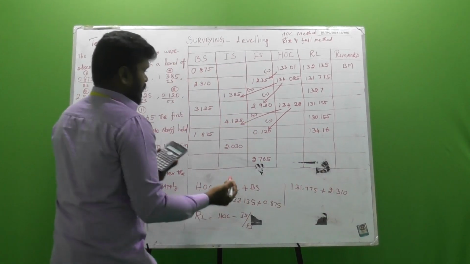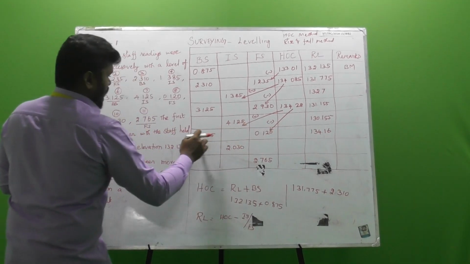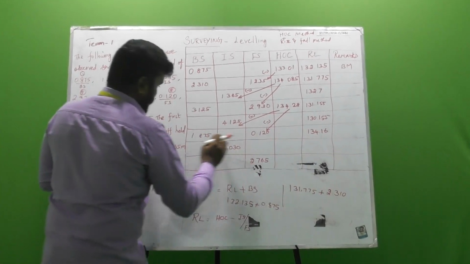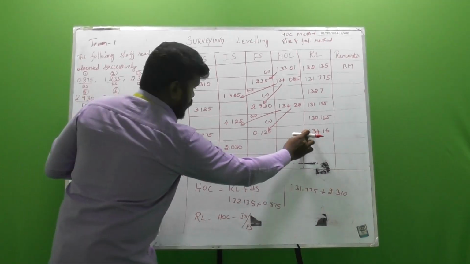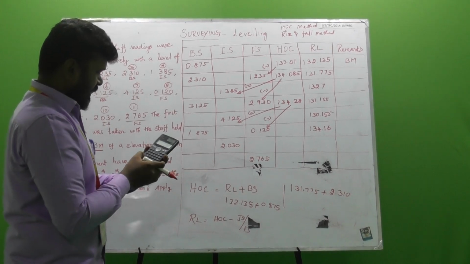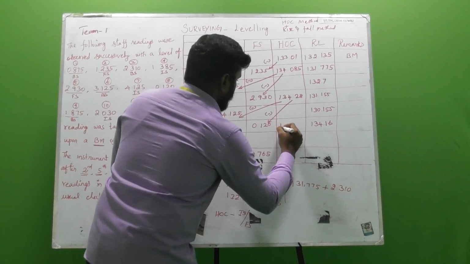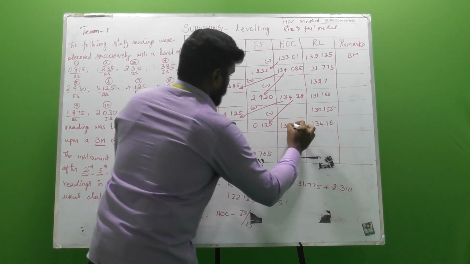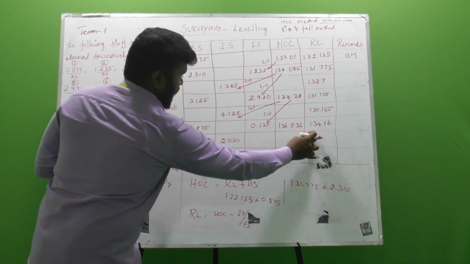The RL value is 134.16. Same way, we find the RL value, and in the same line we have the BS value. So RL plus BS gives the HOC value: 134.16 plus 1.875. So we get 136.035. Similarly we find the next RL values.